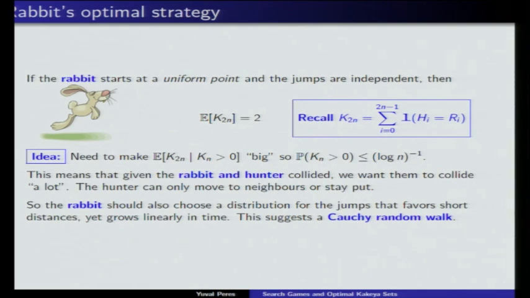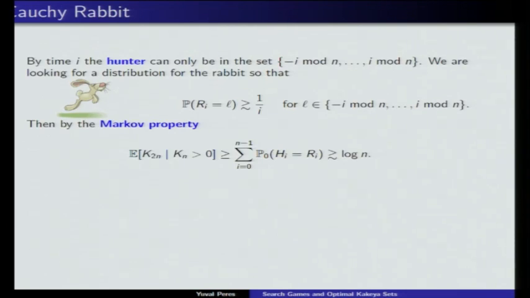This is the stability property of the Cauchy distribution, one-stable. What we want is to take some kind of discrete version of that with the same behavior. So we want the probability that Ri equals L for all L between minus I and I to be like 1 over I. This will be this kind of one-dimensional linear decay.